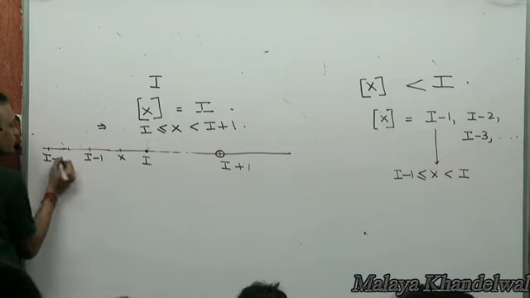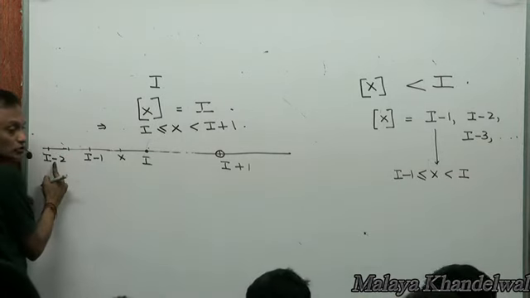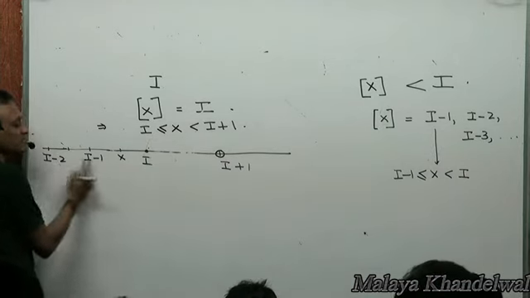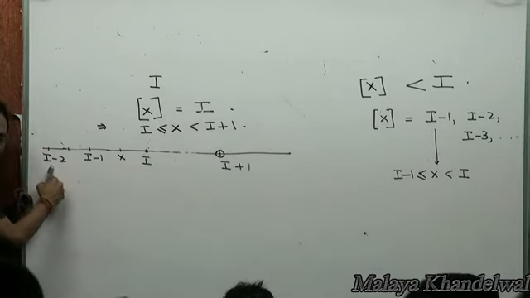This is I minus 2. When is box of x equal to I minus 2? When x is less than I minus 1 but greater than or equal to I minus 2.